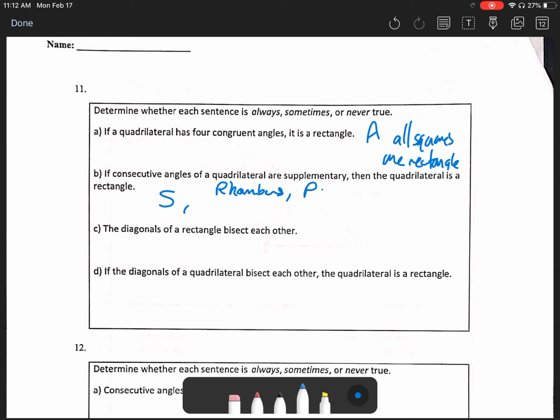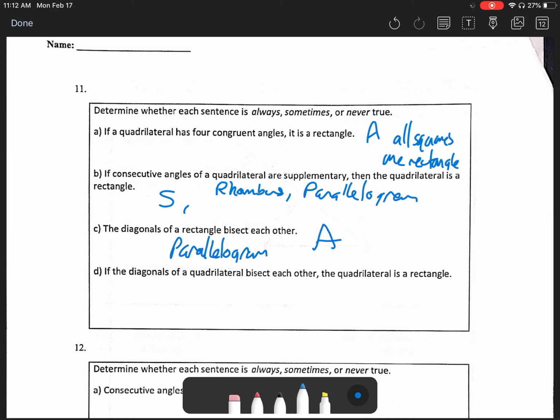It's also true for a regular parallelogram. The other thing I don't like is that it doesn't specify. Consecutive angles are supplementary also in a trapezoid. It has 2 pairs, not 4 pairs. The diagonals of a rectangle bisect each other. That is always true because a rectangle is a type of parallelogram, so this is always true for parallelograms.